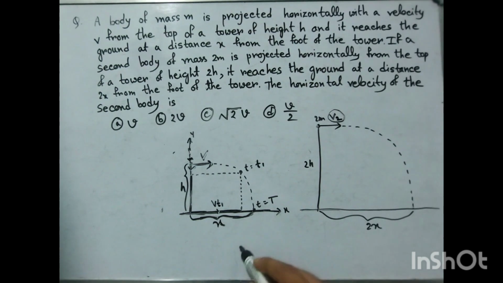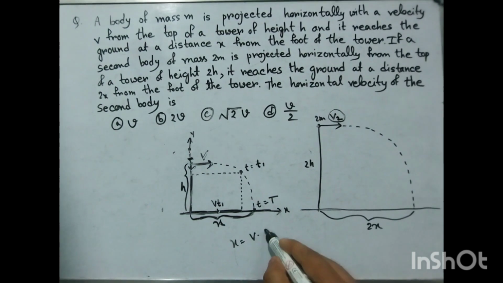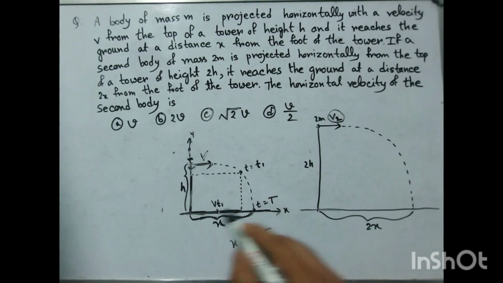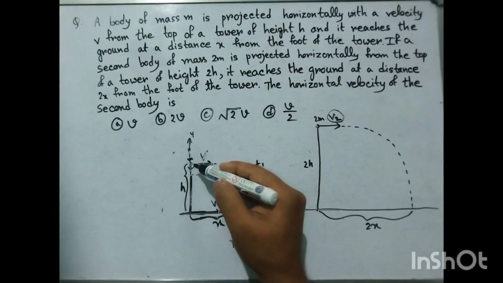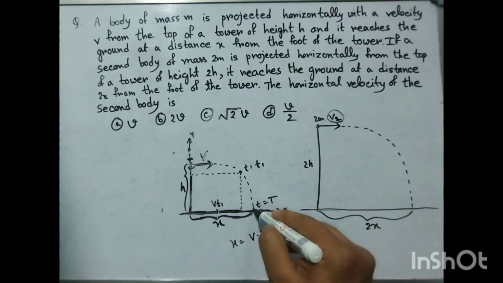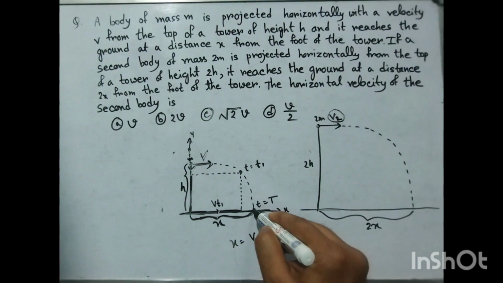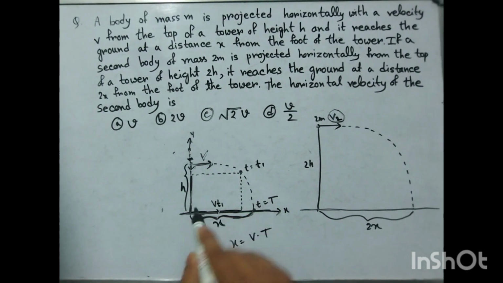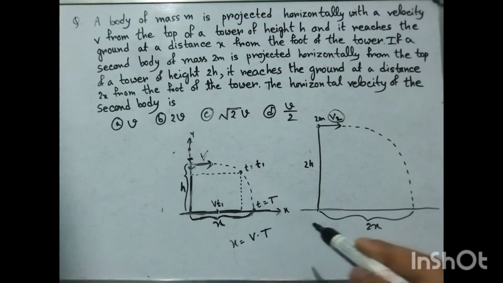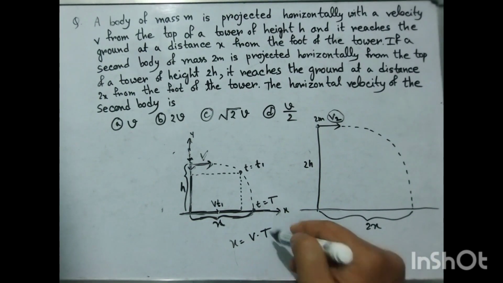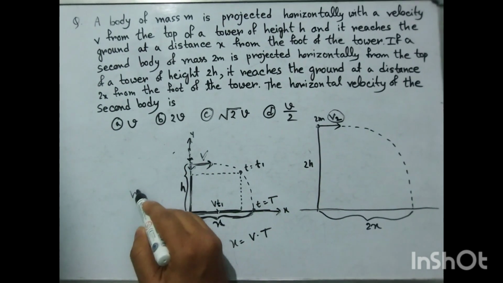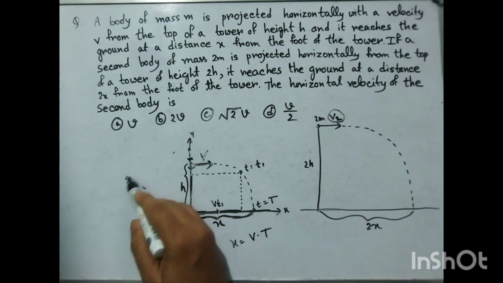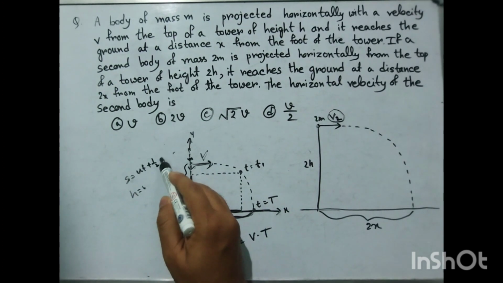So x will be v into capital T, velocity into time, and h we get from s equal to ut plus half at square.